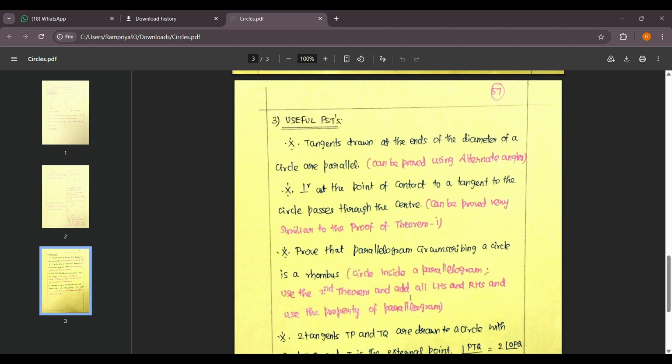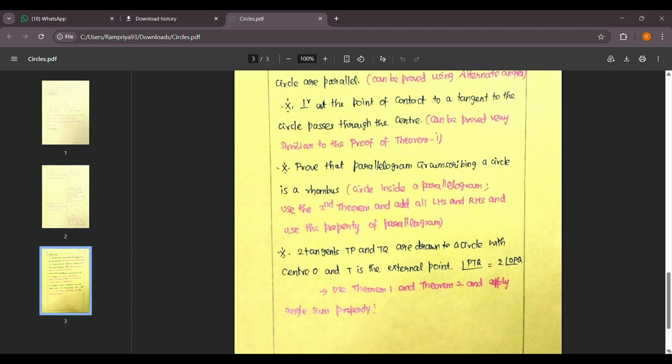Add all the left hand sides and the right hand sides individually, and simplify by using the properties of a parallelogram which you already know. Then you get everything as equal, AB equal to BC, so it should be a rhombus.